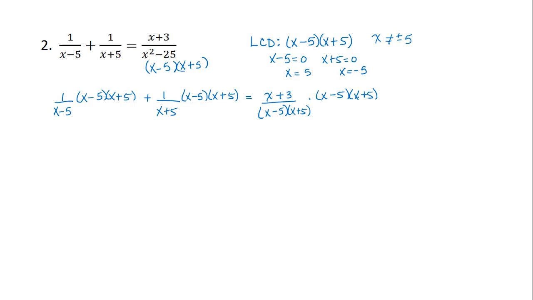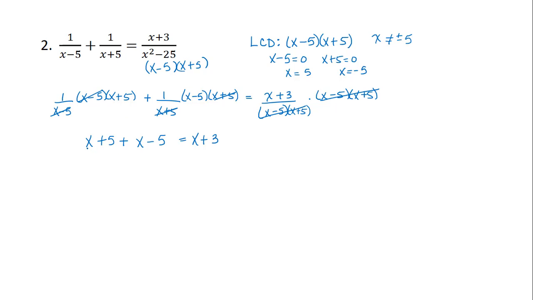Dividing out the common factors, x minus 5 divides out for the first product. We're left with just 1 times x plus 5, or x plus 5, plus, in the second product, x plus 5 is common, so 1 times x minus 5 is just x minus 5. And then that is equal to, the x minus 5, x plus 5 divides out to leave us just x plus 3 on the right.